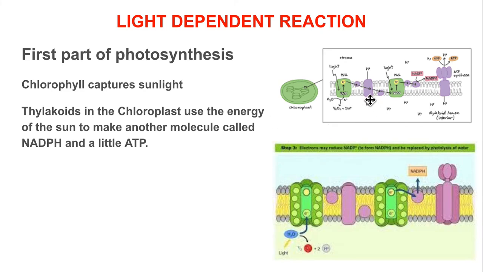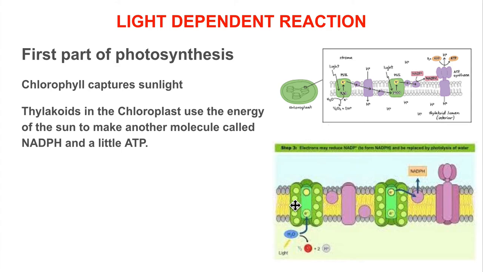You don't really have to understand exactly what's going on in these pictures, but these two things are using the energy from the sun to create something called NADPH, which is right here. What it actually does is turn this thing called NADP into NADPH. And I also created a little bit of ATP, and I'm going to use NADPH and ATP in the second part.